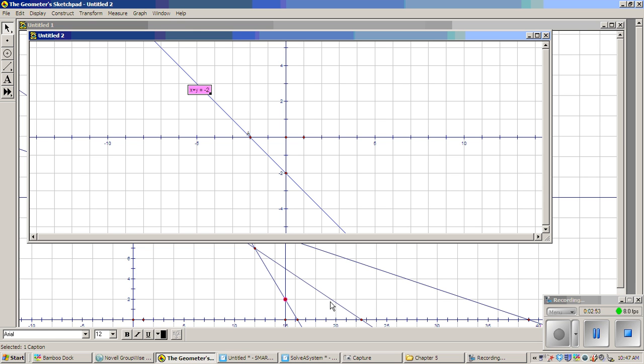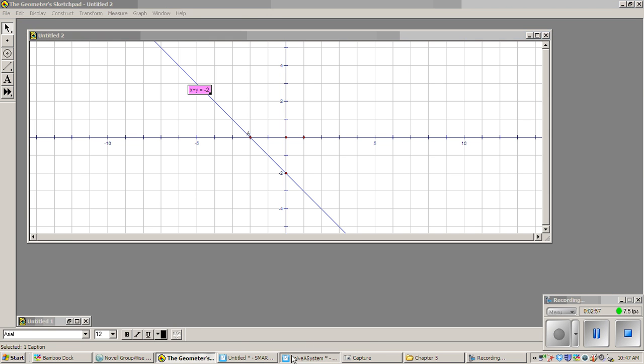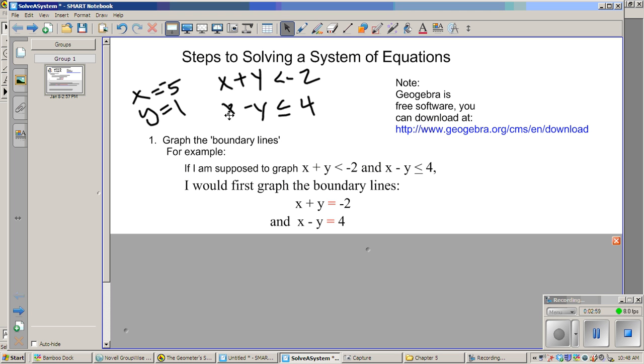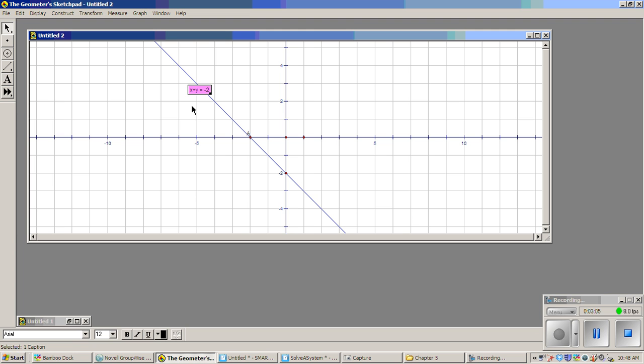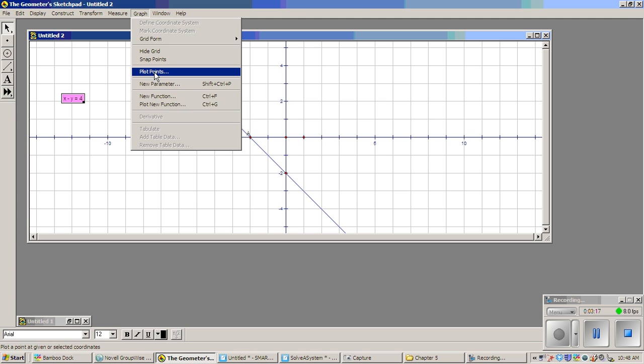I'm going to graph the other one exactly the same way. So the other line, remember, was x minus y equals 4. Just to remind myself, it's x minus y equals 4. And this is a boundary line. So I'm going to plot a few points.